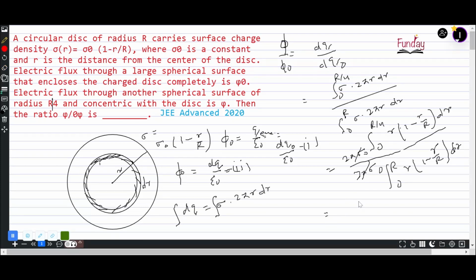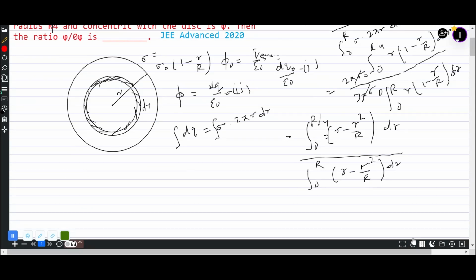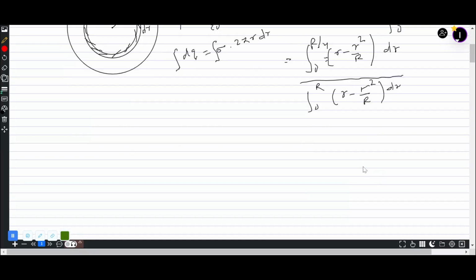So that works out to, we'll go a little down and see what it comes to. It will come 0 to R by 4, r minus r square by R dr, over same thing, 0 to R, r minus r square by R dr. Now we know that this will be equal to, what is r dr? r dr is going to be r square over 2.